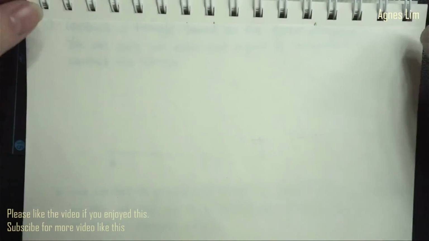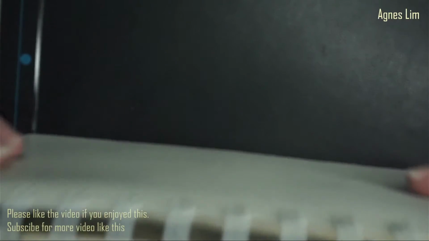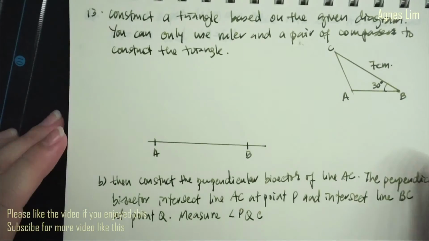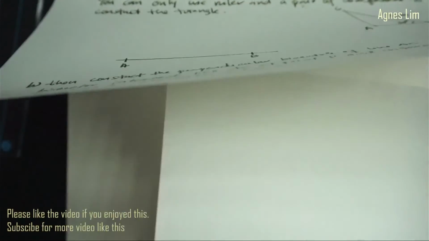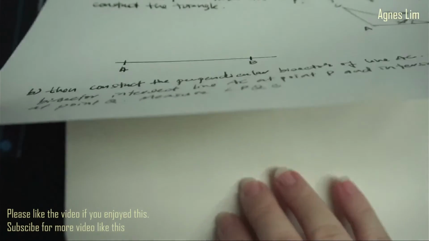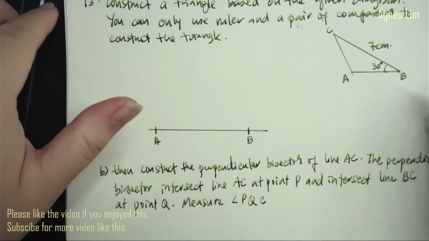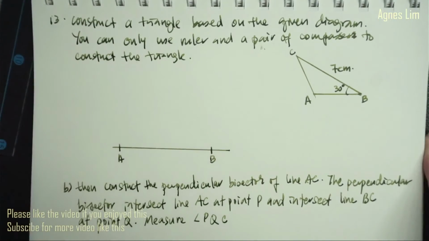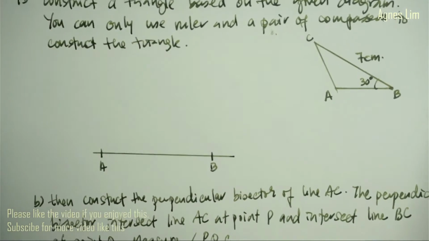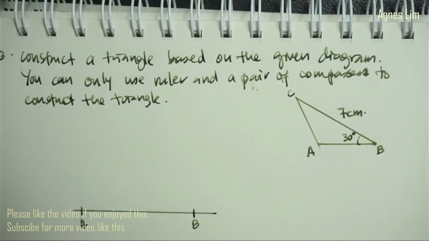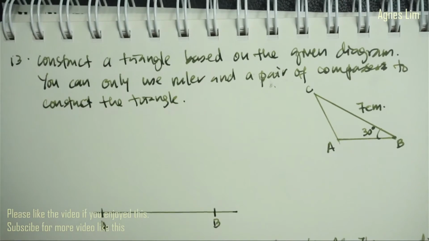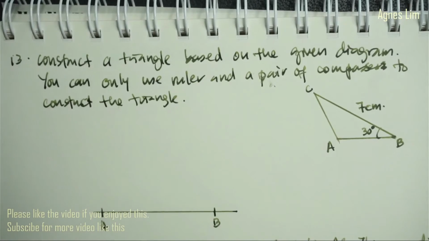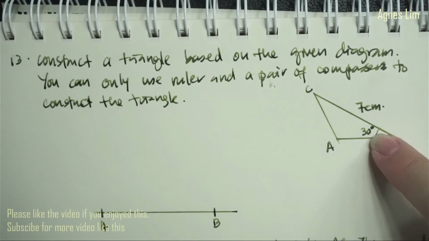Now let's see some of the questions that you can be asked. I'm going to zoom in a little bit further so that you can read the question. Alright, construct a triangle based on the given diagram. So the given diagram is this one.